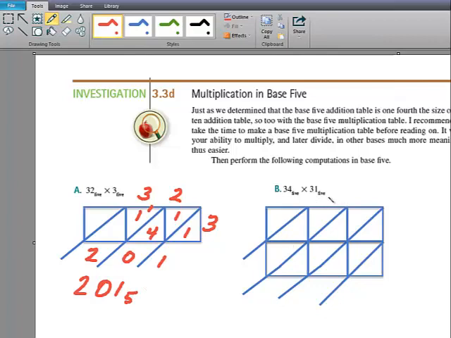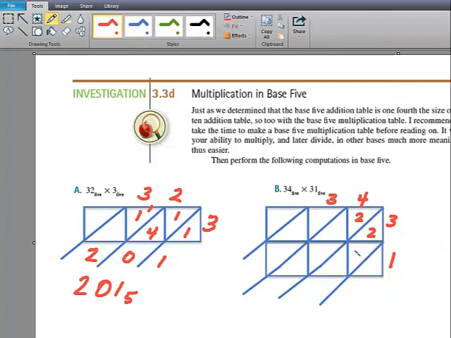Then I've got 34 times 31. So here we go, 4 times 3, that's a 12, but a 12 in base 5 is 2, 2. And you might want to list your base 5 facts out if you aren't following that. Oops, I got to flatten it.